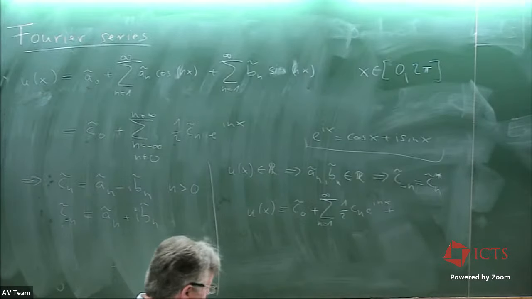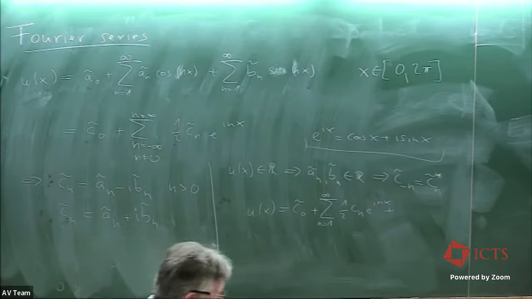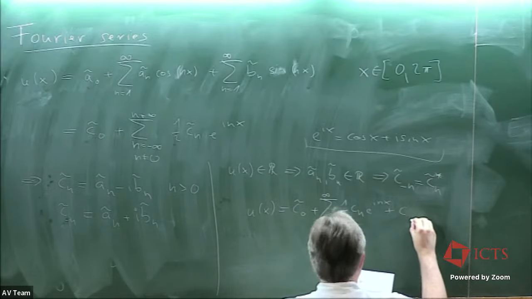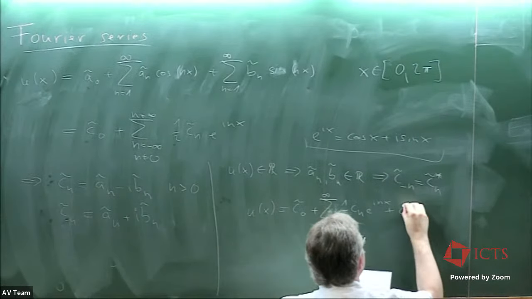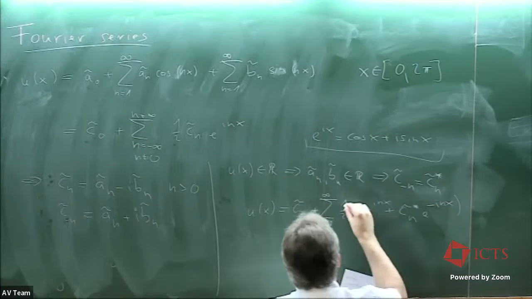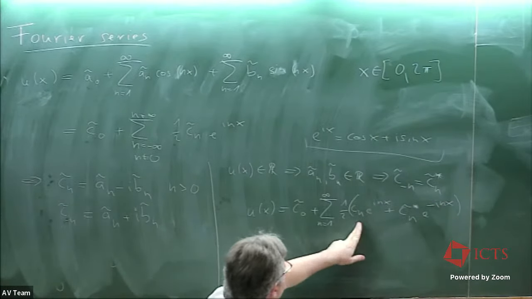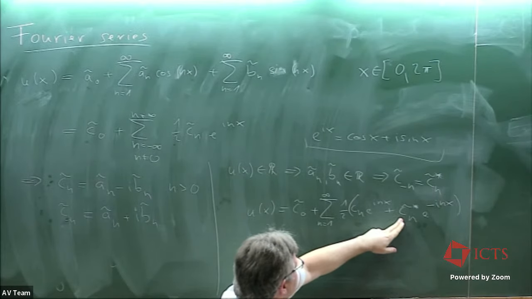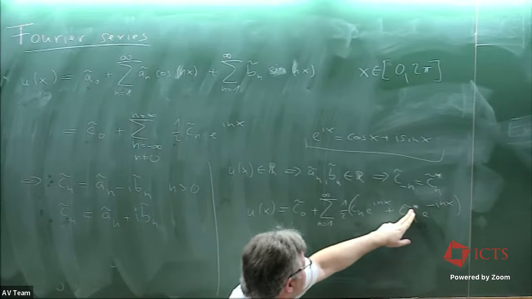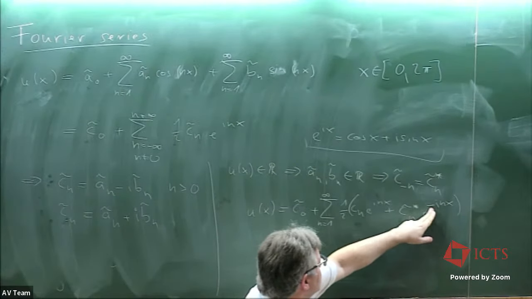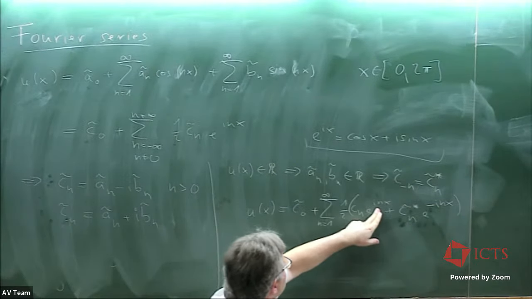I just want to fit the text in here, that's why I became smaller. Plus C_n tilde star e to the minus i n x. So I'm combining the plus n and the minus n together. For the minus n coefficient, I already put in the complex conjugate. If you also complex conjugate the exponent here, the minus turns into a plus and you have the same as over here.